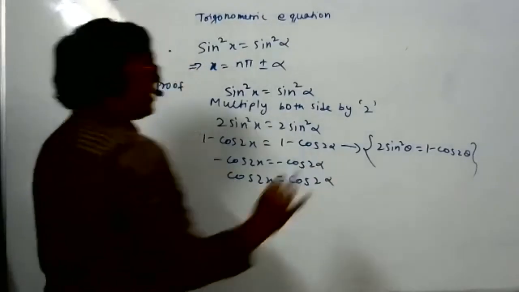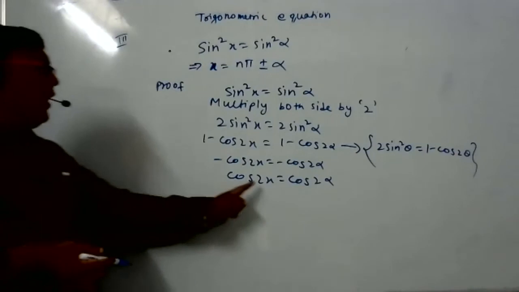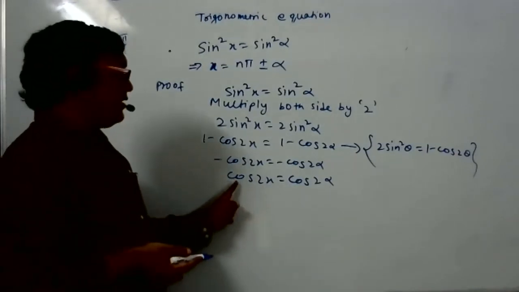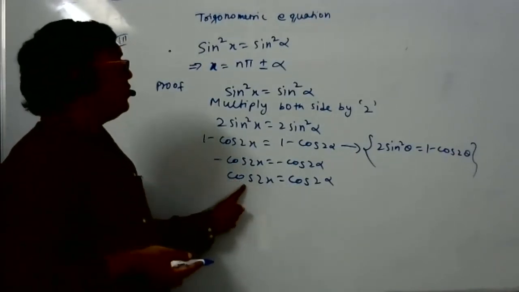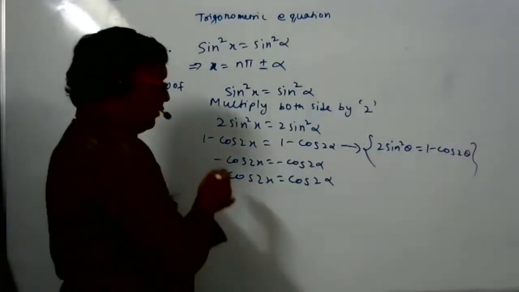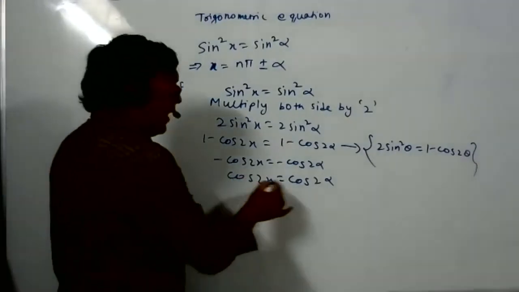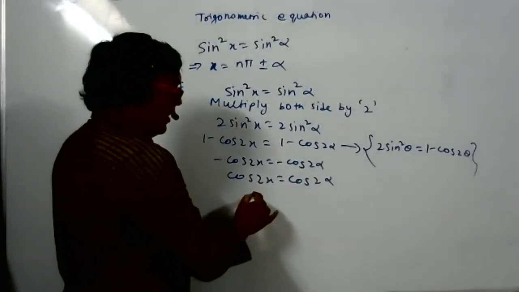Till here, if anybody has doubt, ask me. 2x or theta, same. It is same as cos theta is equal to cos alpha. So we know the formula now, second type formula. When cos theta is equal to cos alpha, what is the answer?